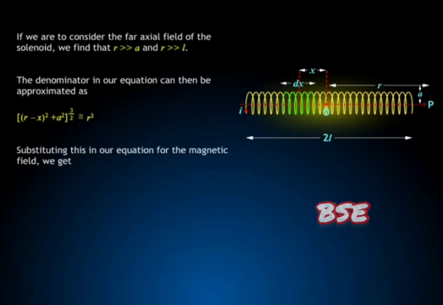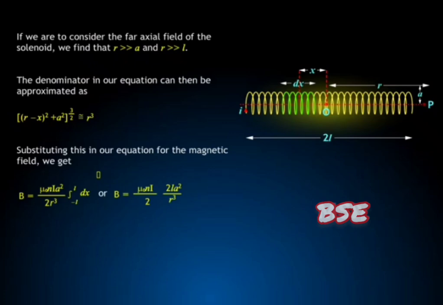Substituting this, we get B equals mu naught n I a squared by 2r cubed times the integral from minus L to L of dx, or B equals mu naught n I times 2L a squared by 2r cubed.